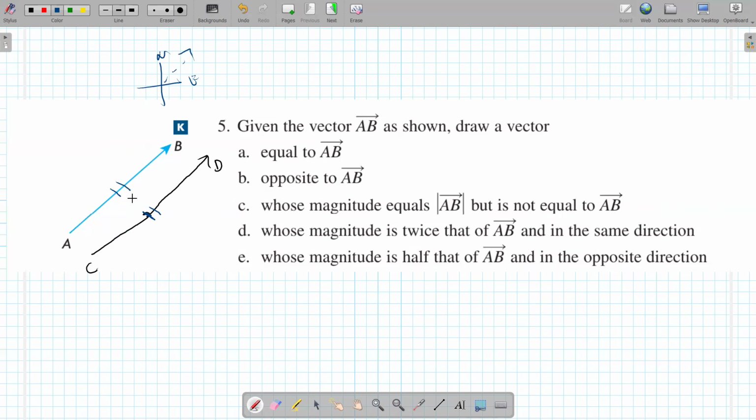Part B: a vector opposite to AB. How would we draw that? What would a vector opposite AB look like?